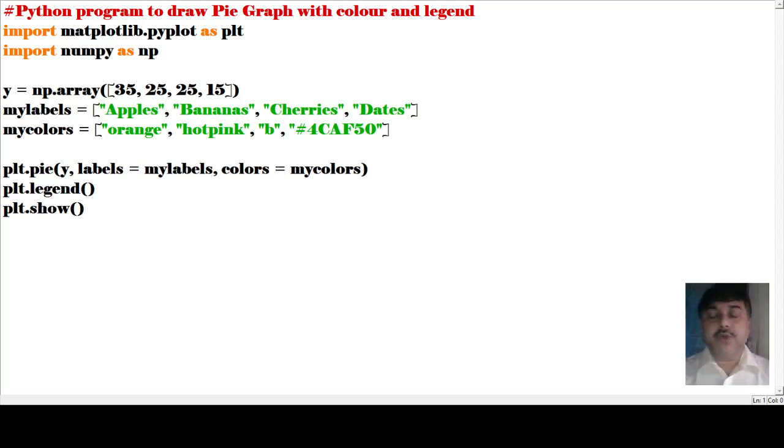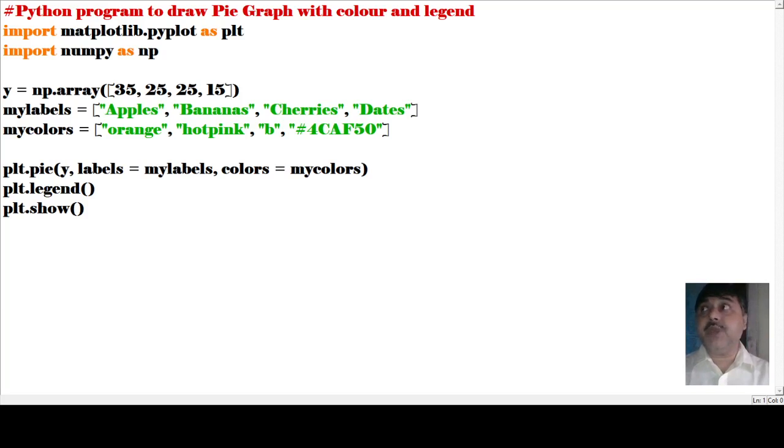So each of these particular colors we can work on. Next we have plt.pie, x comma labels equals my levels and colors equals my colors.